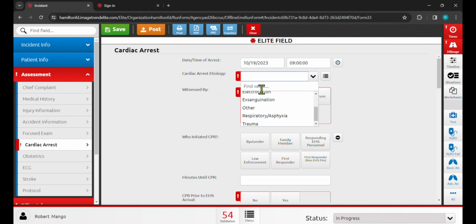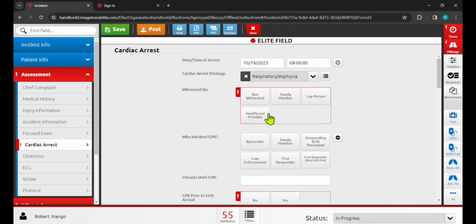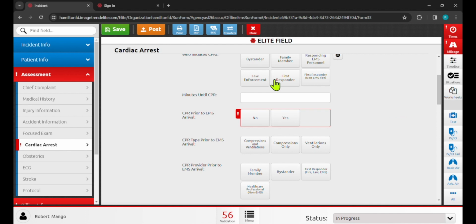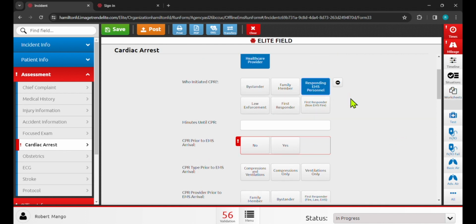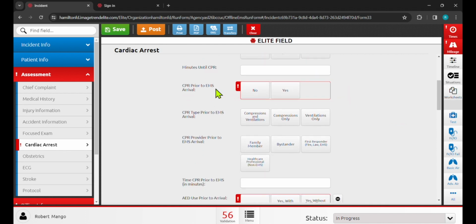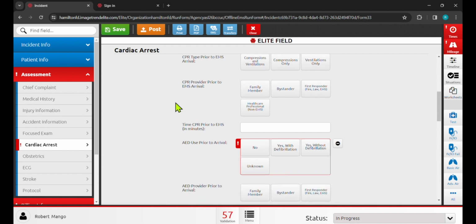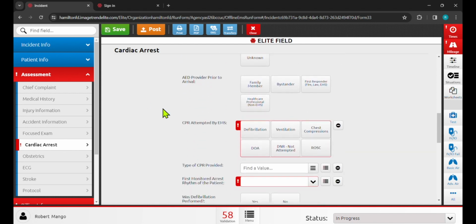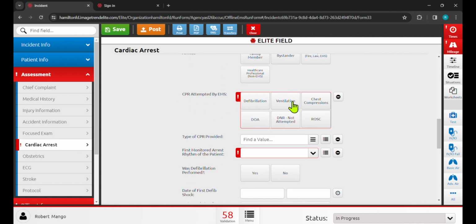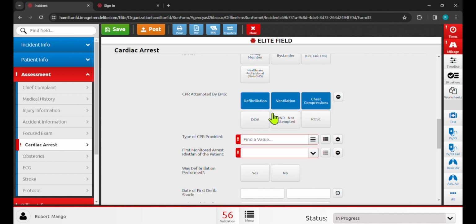But in line with our demonstration here, yeah, they arrested because of a respiratory problem. Let's say we witnessed it. We initiated CPR. CPR prior, no. AED use, no. And you can select all of these things with what happened with the CPR attempted by EMS tab.